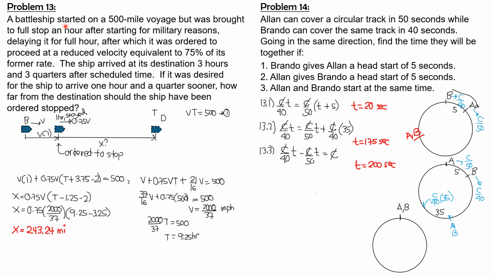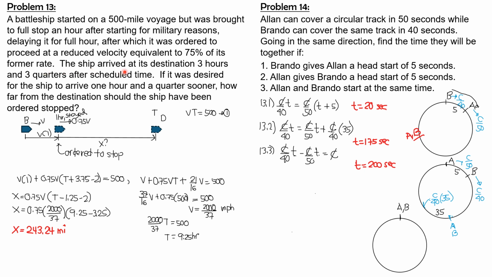A battleship started on a 500-mile voyage, but was brought to a full stop an hour after starting for military reasons, delaying it for a full hour, after which it was ordered to proceed at a reduced velocity equivalent to 75% of its former rate.